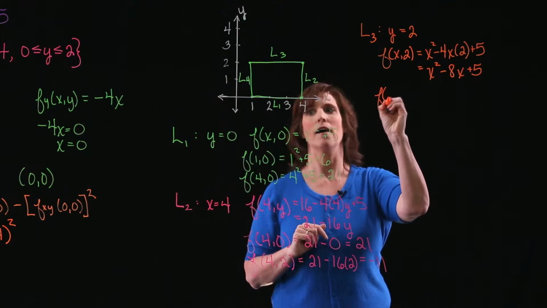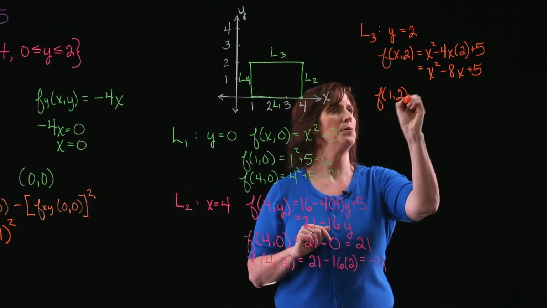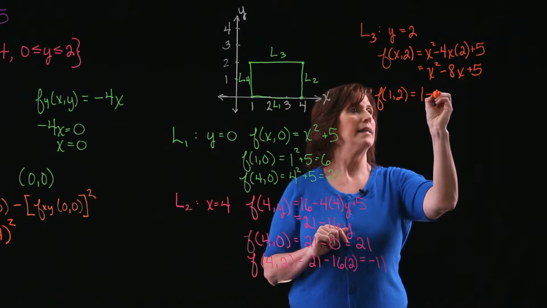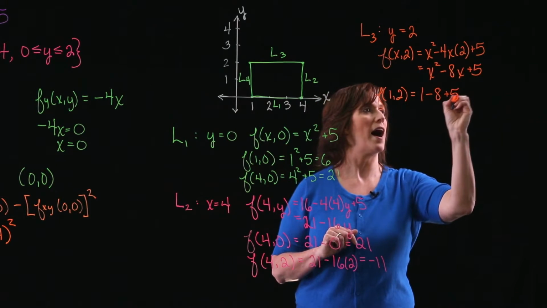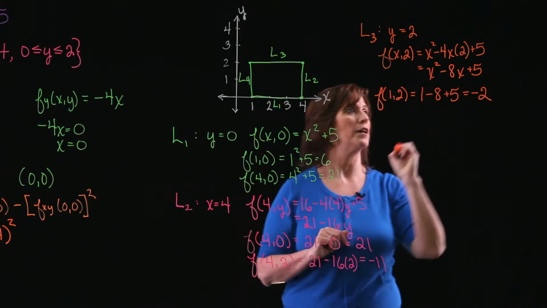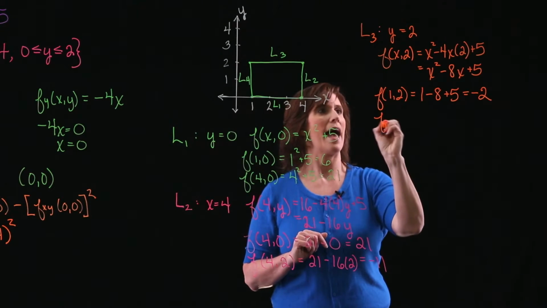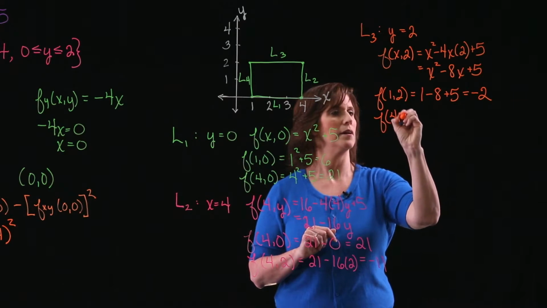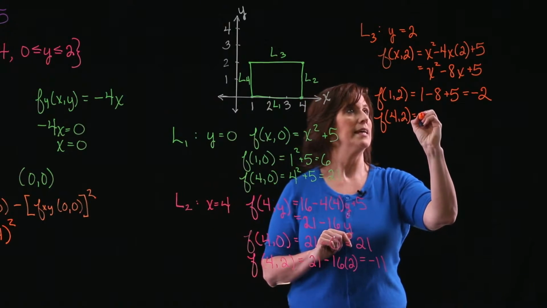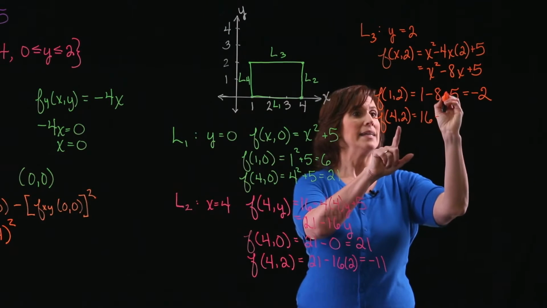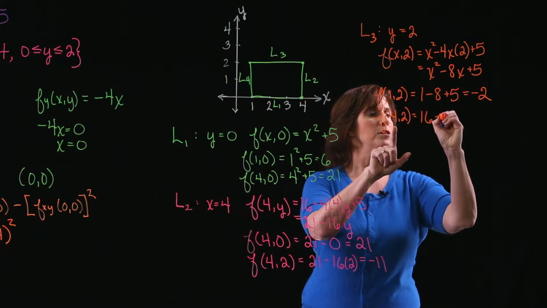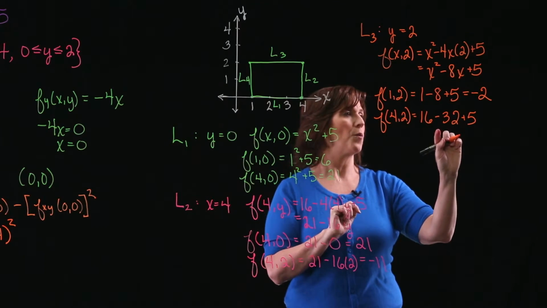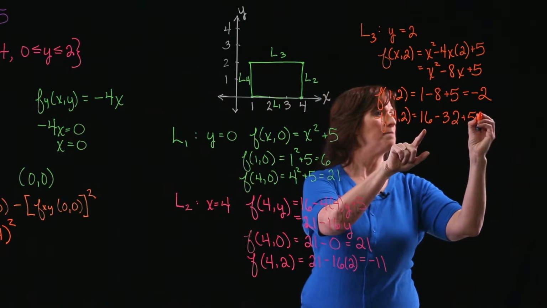So we're going to do f of the point (1, 2), and that's going to be 1 minus 8 plus 5, which is going to give me negative 2. And I'll look at f of (4, 2), which is going to be 16 minus 8 times 4, which is 32, plus 5. So we're going to have 21 minus 32, which is negative 11.